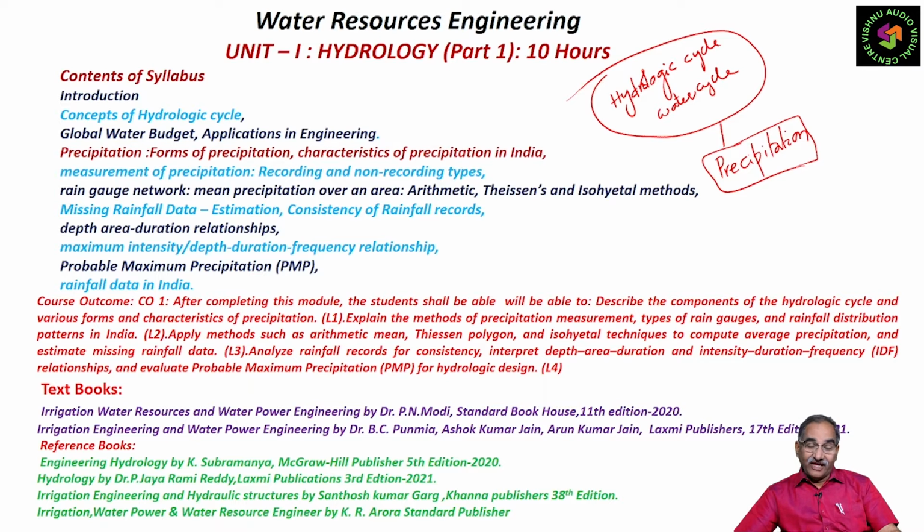When we study precipitation, what are the types of it? What are the forms of it? What are the devices to measure precipitation? How to represent precipitation? How to correct the data? How to check for consistency?